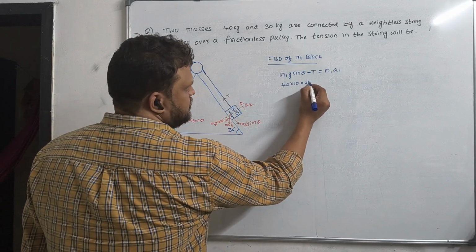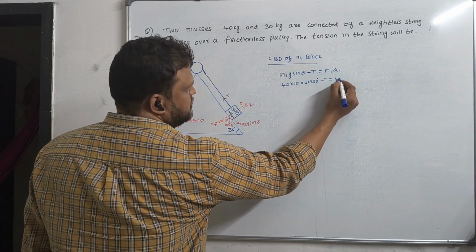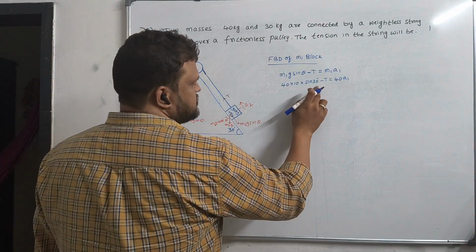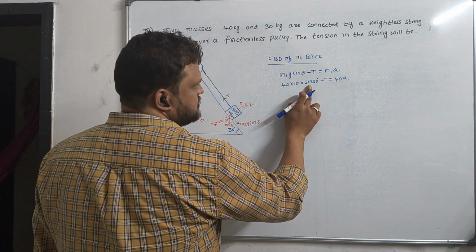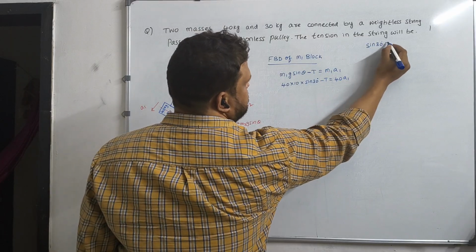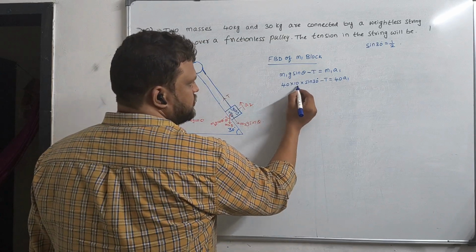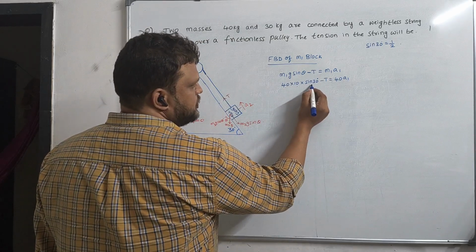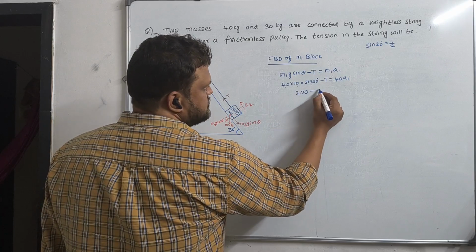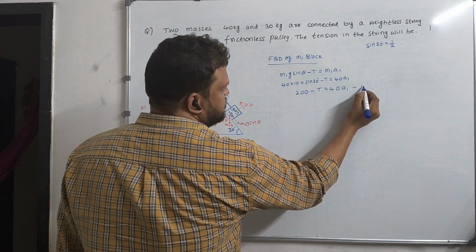So sin 30 minus T equals M1, which is 40, times A1. Sin 30 degrees is 1 by 2, from trigonometry. Now 40 into 10 is 400, and 400 into 1 by 2 is 200. So this equation becomes 200 minus T equals 40 A1. Let it be equation number 1.